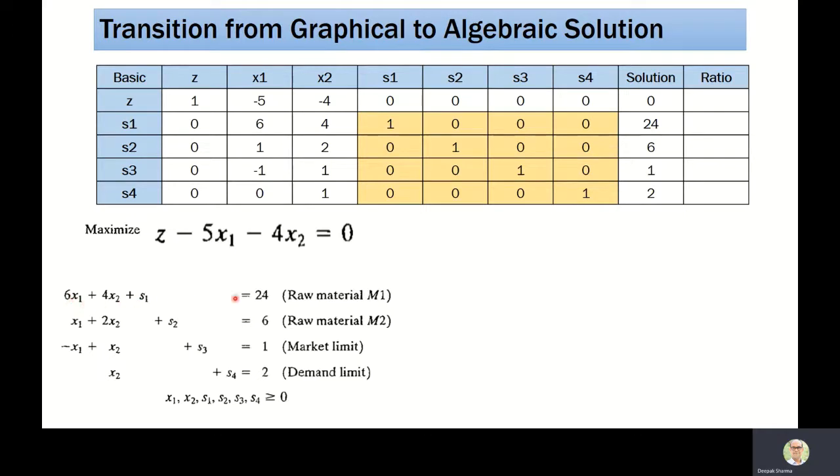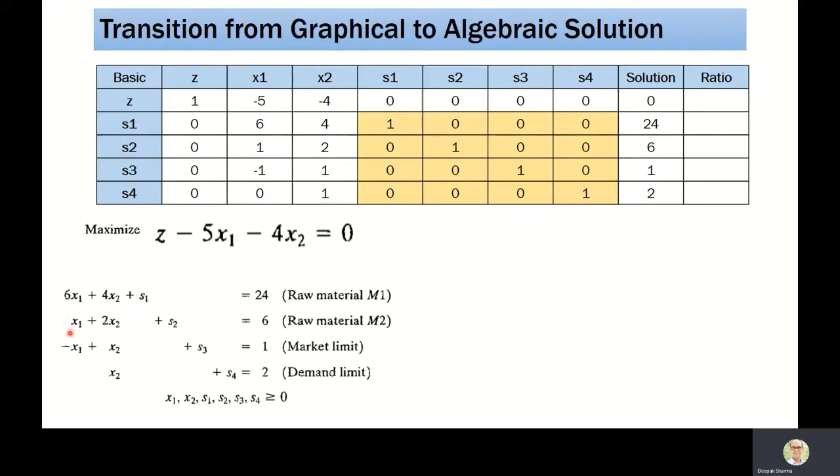Looking at this equation, there is no z, so the coefficient is 0. The coefficient of x1 is 6, the coefficient of x2 is 4, the coefficient of s1 is 1. For s2, s3, s4 there is nothing, so it is 0. What is the right hand side? 24. So I have written 24 in the solution column.